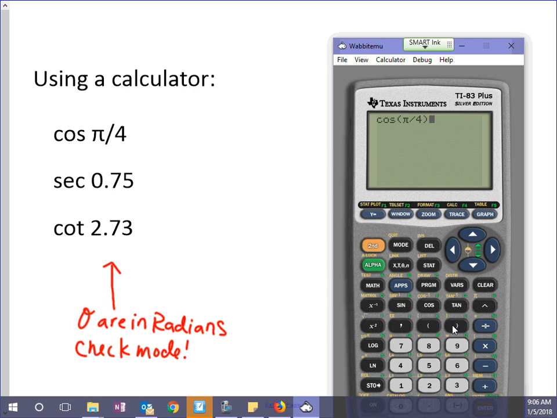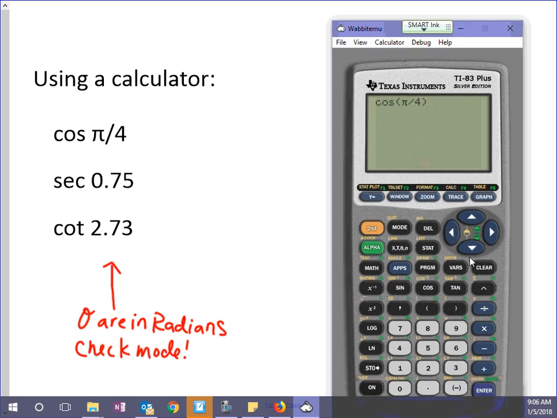You can close the parenthesis just for good measure. It will give you the same answer if you don't close the parenthesis here. And we should come up with a decimal. I would say round to the nearest thousandths place just to be on the safe side, so rather than rounding to the tenth or the hundredth, say that this is approximately 0.707.